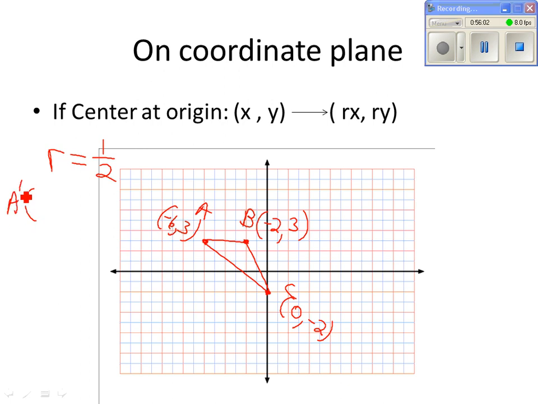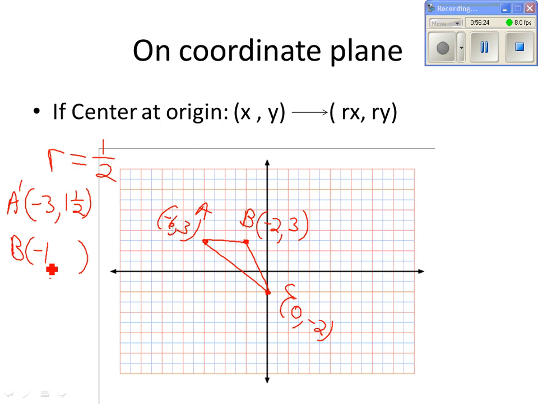So what's A prime going to be? What's 1/2 times -6? -3. What's 1/2 times 3? 1.5. That's where A prime is going to be. B prime: what's 1/2 times -2? -1. Good.